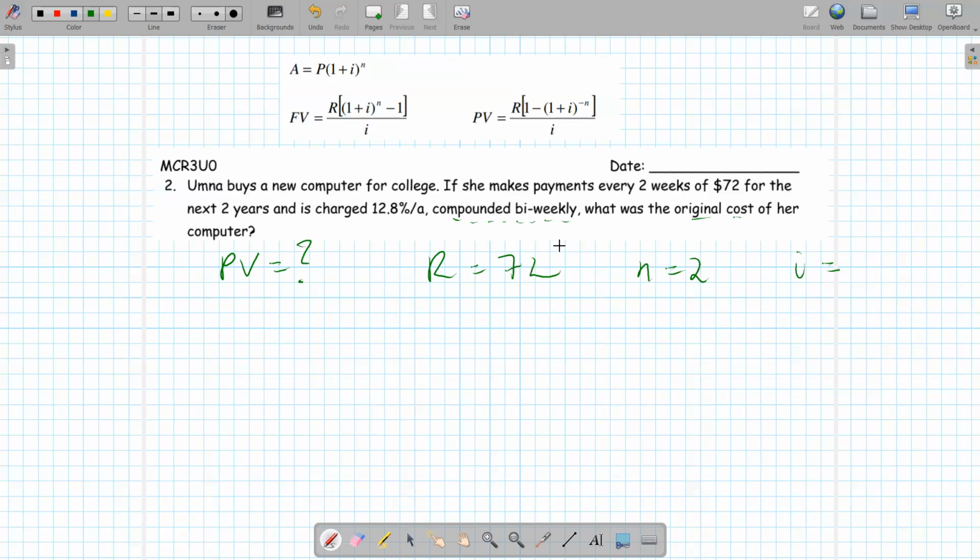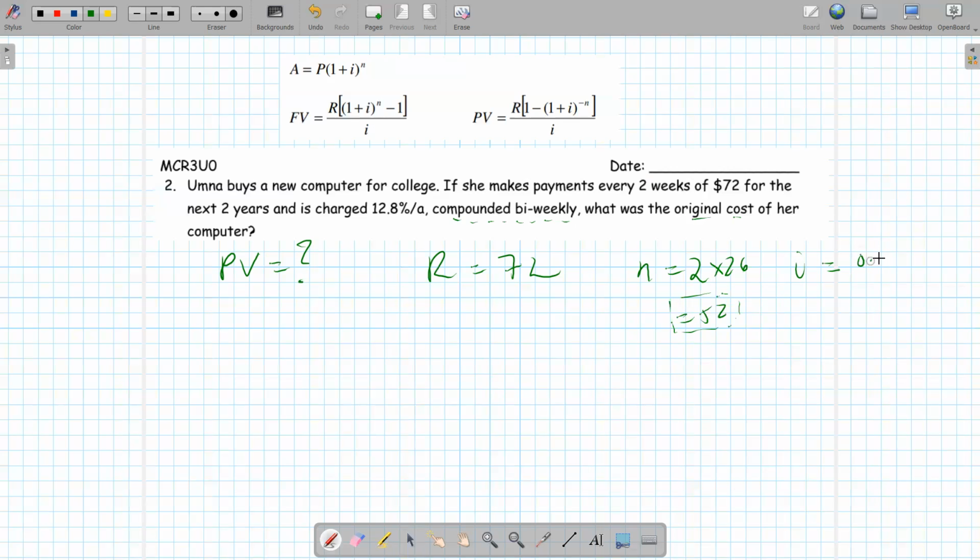No, 52 is weekly. Try again. Bi-weekly. Every other week. Multiply it by 26, okay? Bi-weekly is 26. Same idea as semi-annually, which is twice a year. Bi-weekly is every 2 weeks.